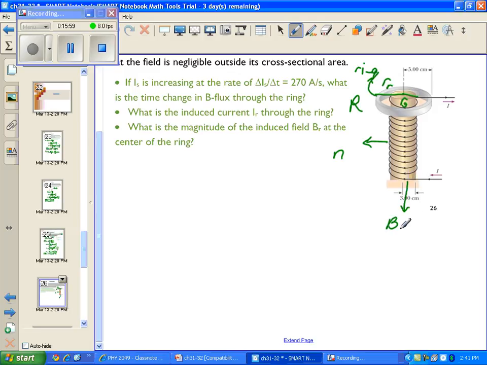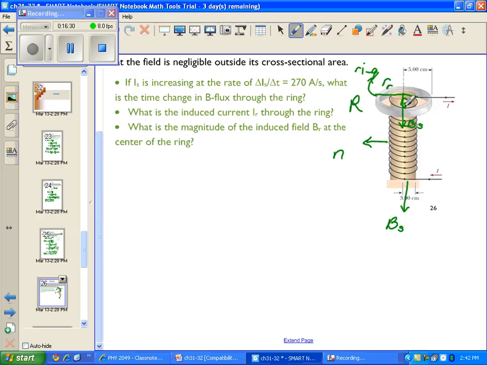So the magnetic field of the solenoid points downward. Now that means that there is a magnetic flux that cuts through this coil. And here I can also draw the magnetic field of the solenoid so you can see it here at the location of the ring. So it points downward and therefore produces a magnetic flux through the ring.